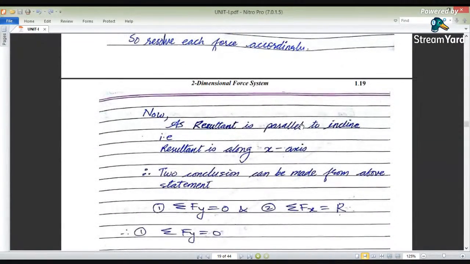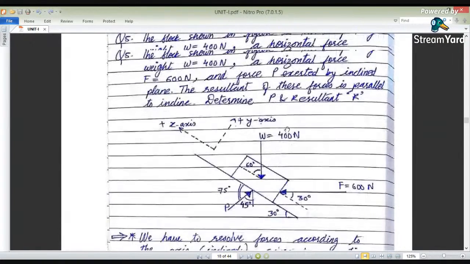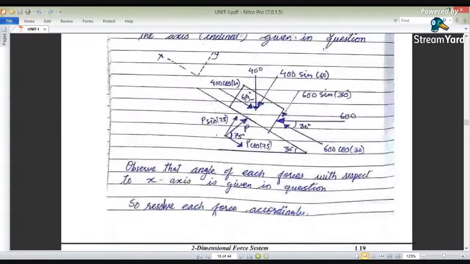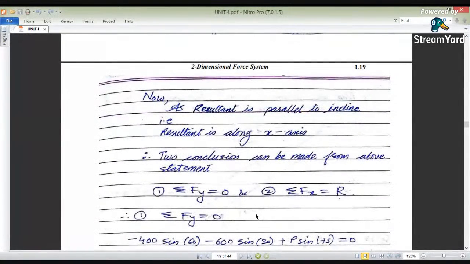For the resultant, one condition has been given: the resultant of all these forces is parallel to the inclined plane. Two conclusions can be made from this statement. The inclined plane is along the X direction, so the resultant is parallel to the X axis.